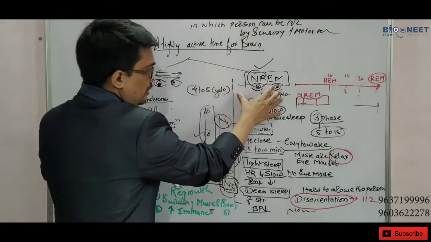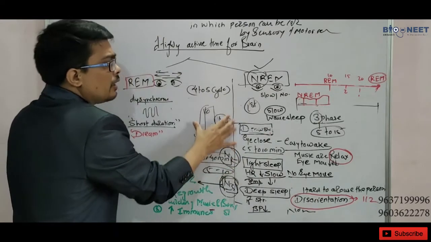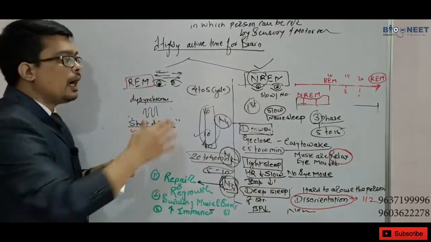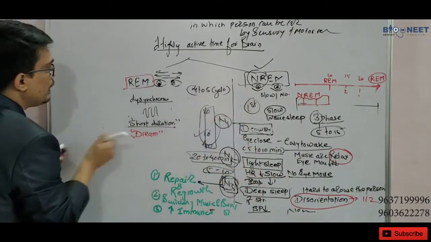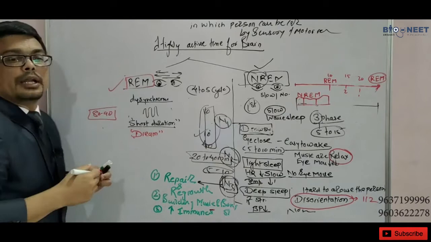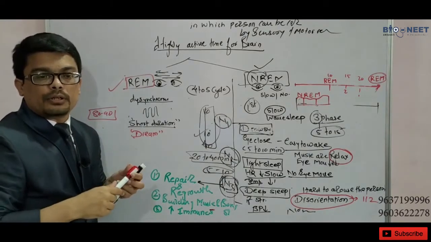That's why I'm saying, it will take like 60 minutes. It might take more, like 70, 80 or 90 after the NREM. After like 80 to 90 minutes, then there is a REM sleep. So REM sleep happens like 90 minutes after falling asleep.